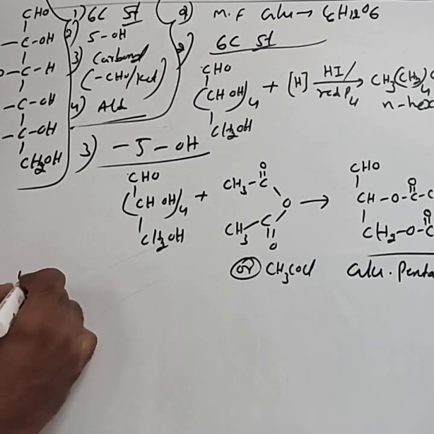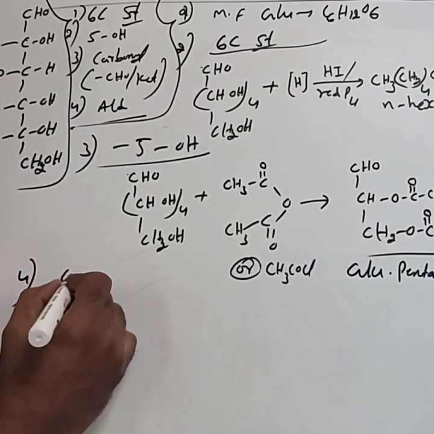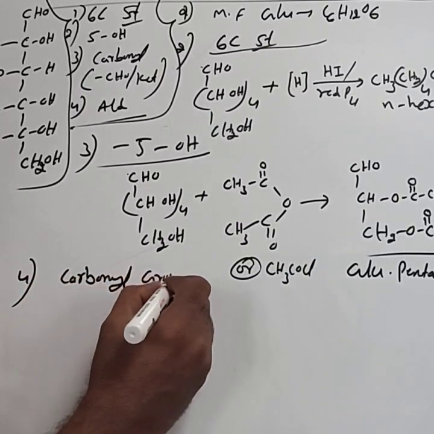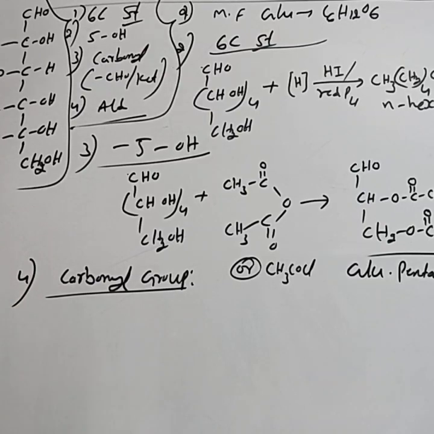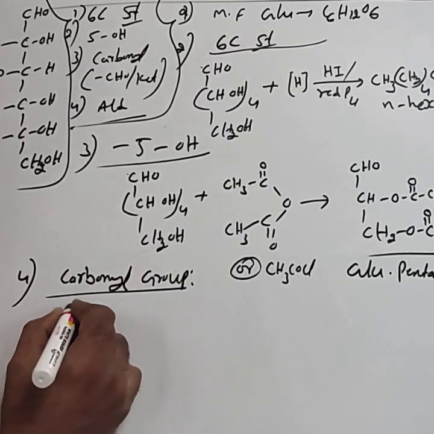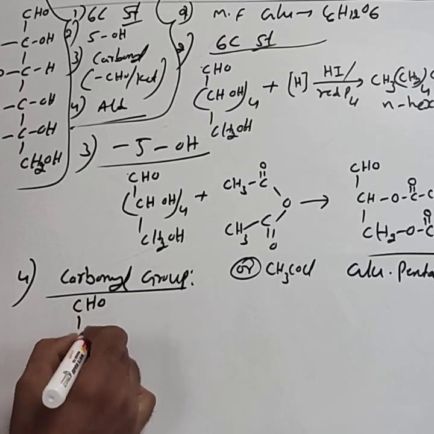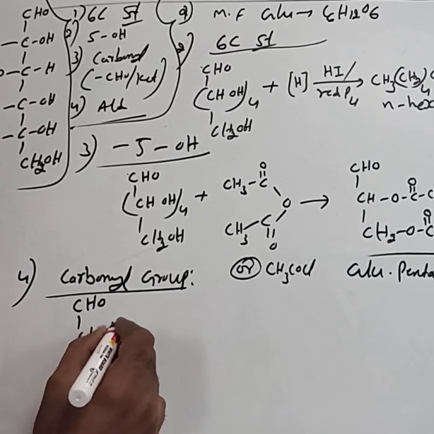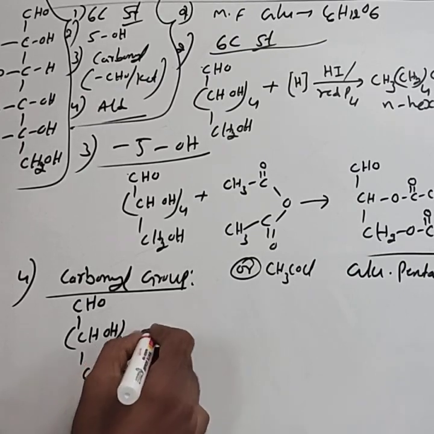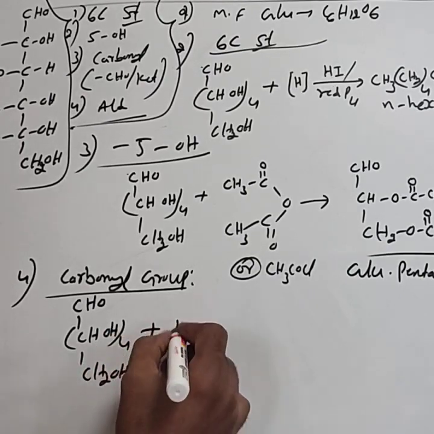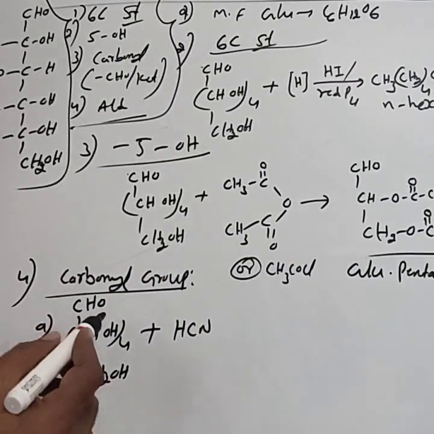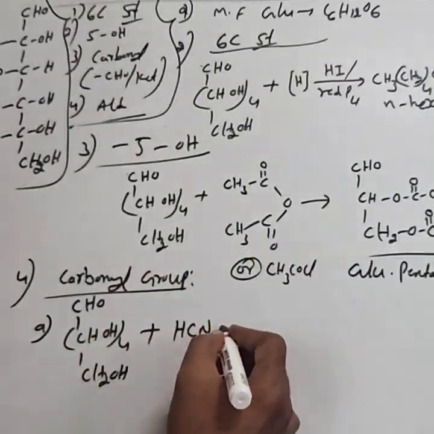Next one, presence of the carbonyl group. For the carbonyl group, glucose, that is CHO, CHOH4, CH2OH, reacts with hydrogen cyanide.